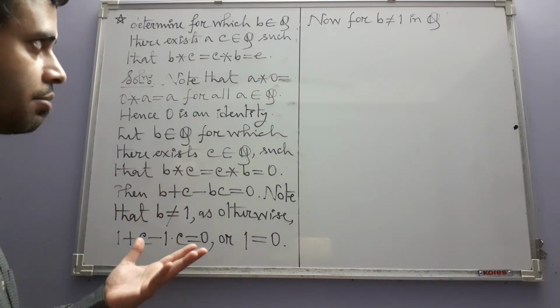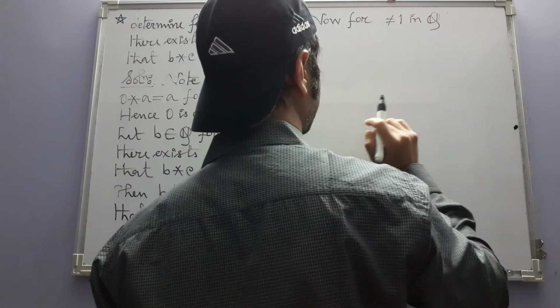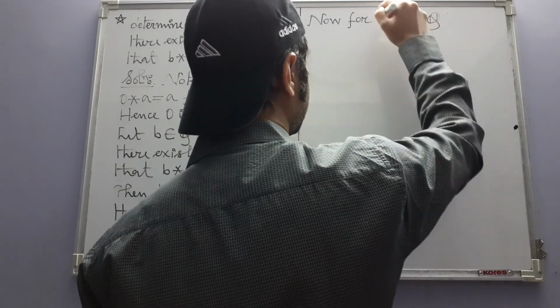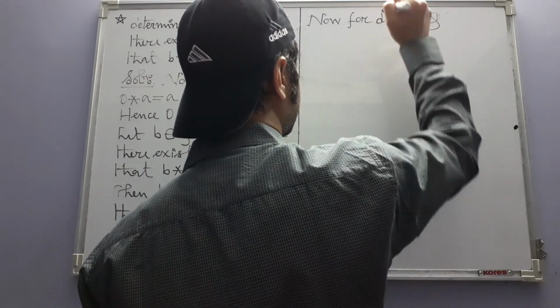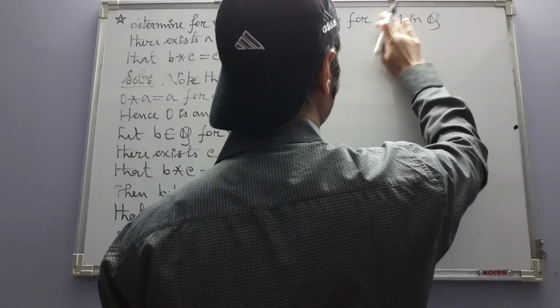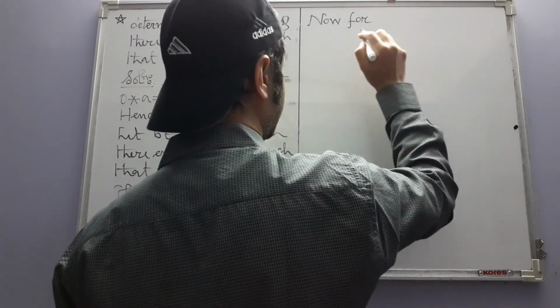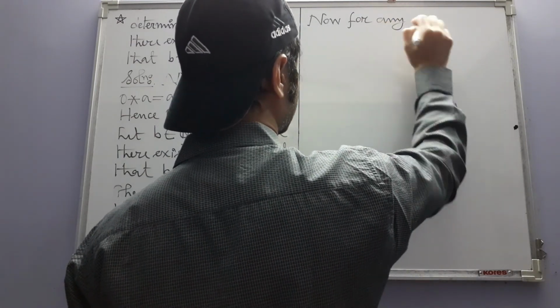Now we have to take something else. Now our rational number is not B, it is something else, say D. To make sure that we are taking any D, we mention that also.